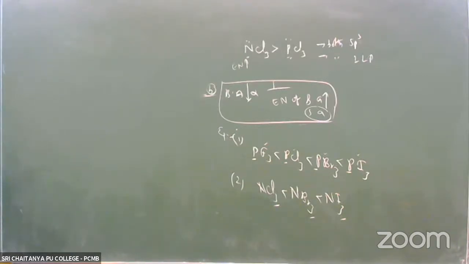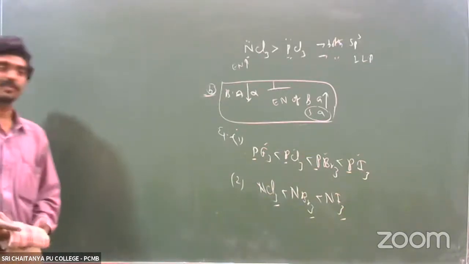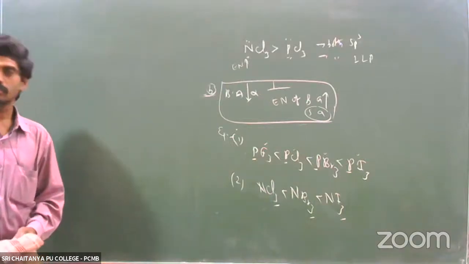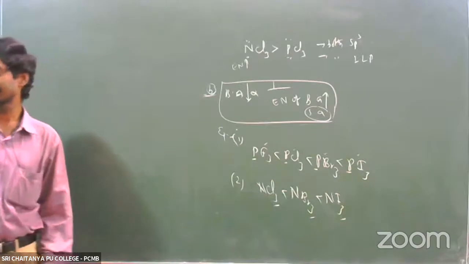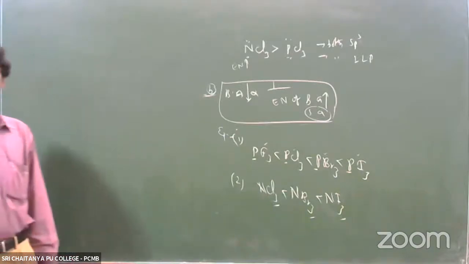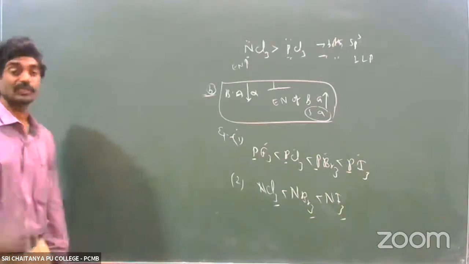Then it is of two types we did: single covalent bond, last class, double covalent bond, triple covalent bond. It is also based on polarity: non-polar covalent bond and polar covalent bond, we did. Next now, what are the properties of covalent molecules?